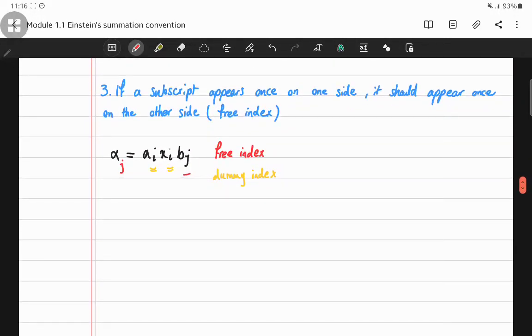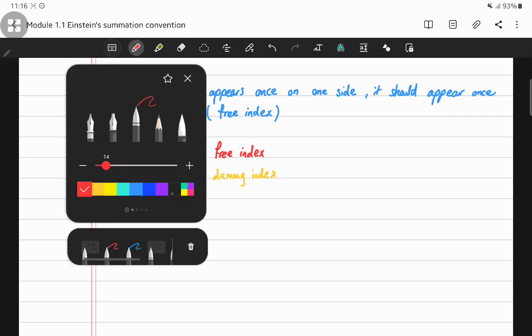So now let's see how we can write this expression here.